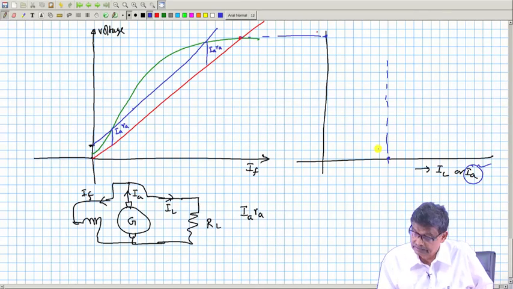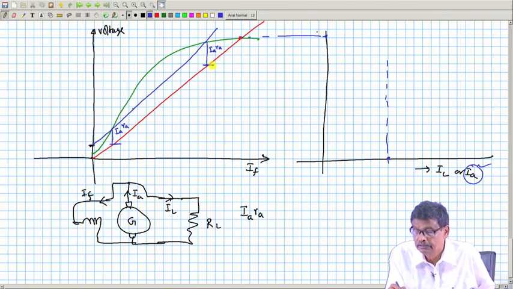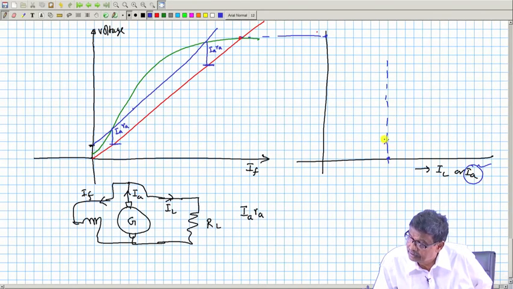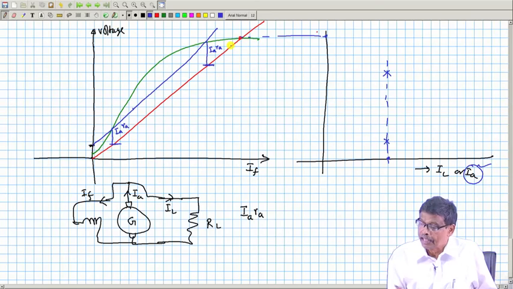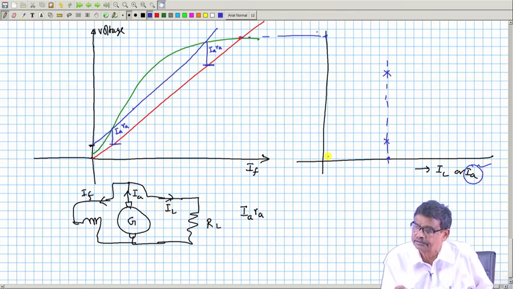Terminal voltages will be this one and this one, because terminal voltage plus IA RA gives you the generated voltage. So, one value is very little. So, I will get this point and this point corresponding to this and this, and this I will repeat for all the armature currents I like.